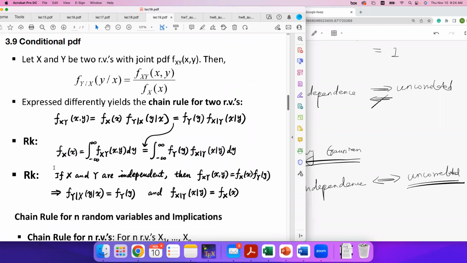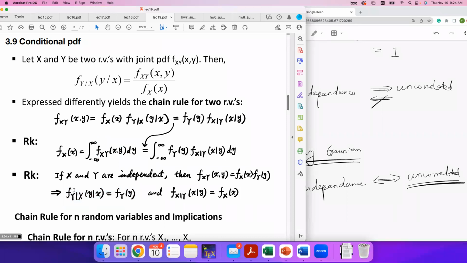And moreover, in some cases, if we know X and Y are independent, then in that case this joint PDF is actually a product of the marginalized PDFs. And then you plug in this one, you replace this joint PDF with the product, you can conclude that the conditional PDF equals the marginalized PDF, right?